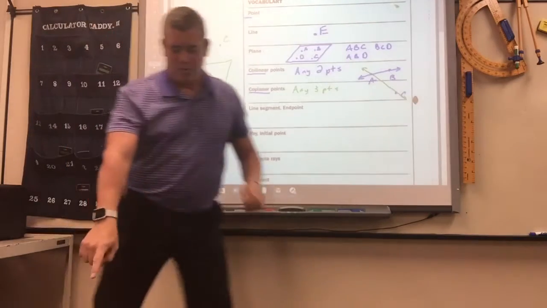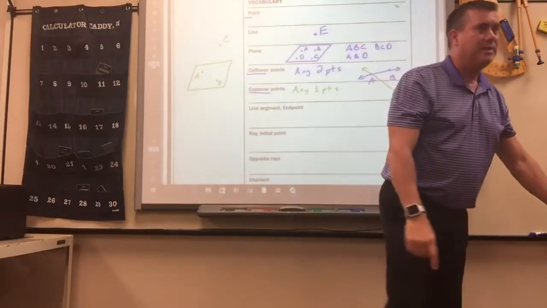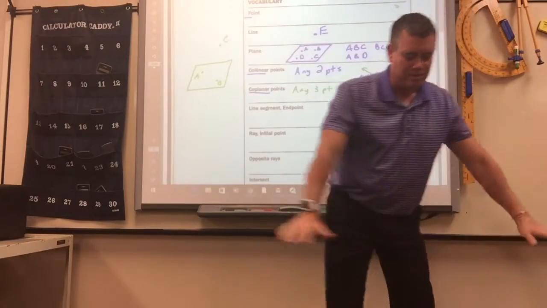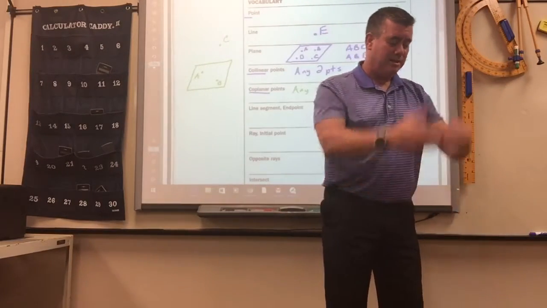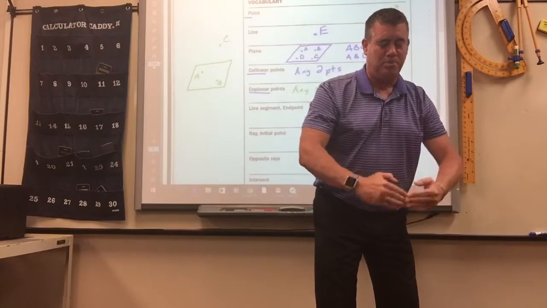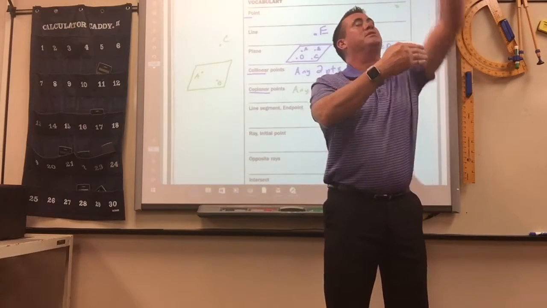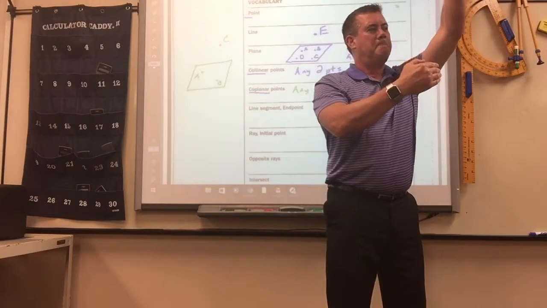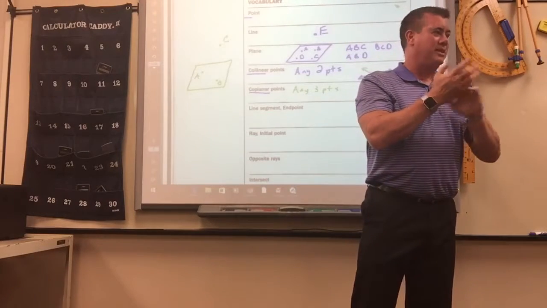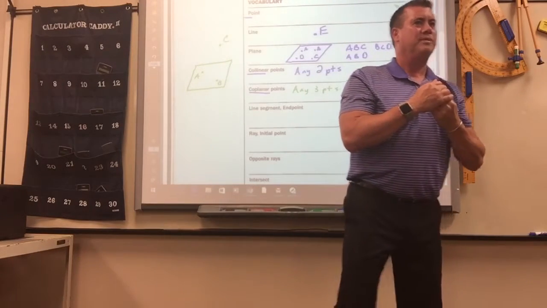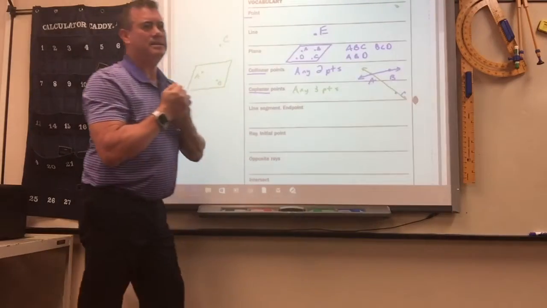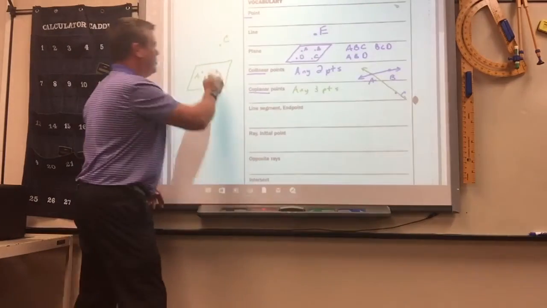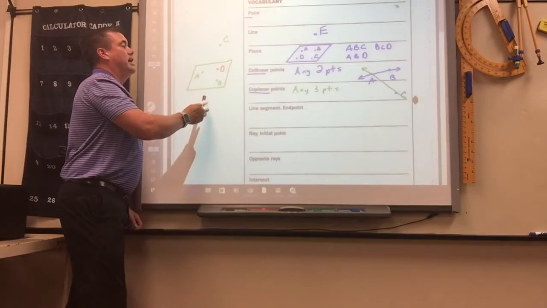So like say I had a point here on the floor and a point here and a point up here. The floor is this plane, but if I took another plane, I could slide it through these two points and then just keep tipping it up until it hits this point up here. So basically making your own plane. Let's say now D was in the plane, then C wouldn't be considered coplanar.